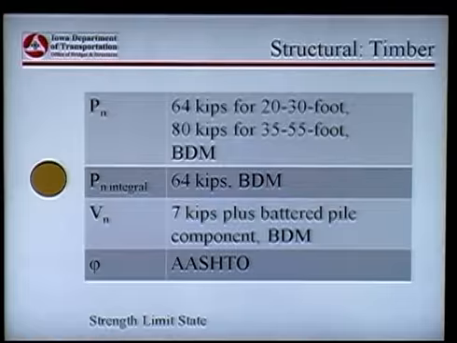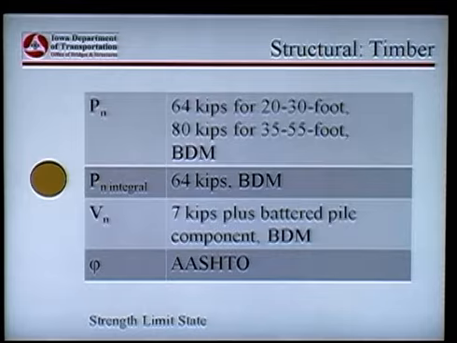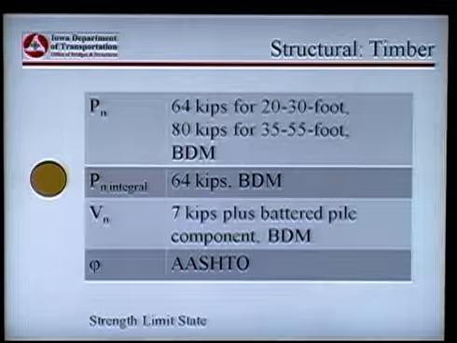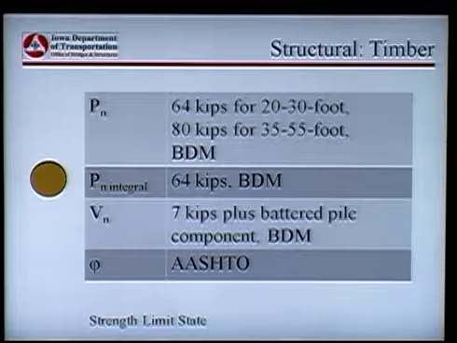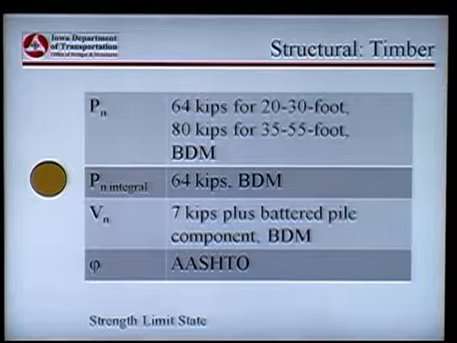Phi factors for the structural use would be from AASHTO. For the timber piles, we've again gone back to our past practice, converted the previous ton values for piles, 64 kips for the shorter timber piles, 80 kips for the longer ones.